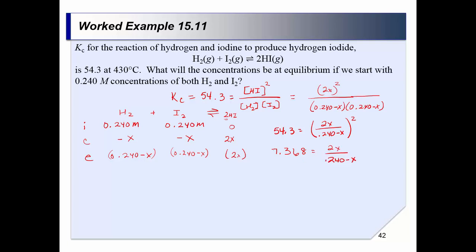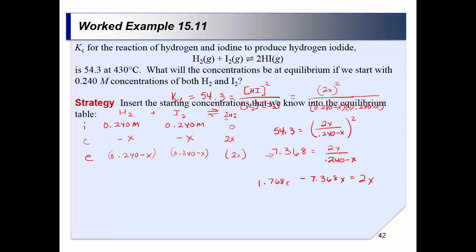Now I'm going to multiply both sides by my denominator, and again I have left this number in my calculator, so I don't have as much rounding error, but I get 1.768, and then I have more digits, 5 something else, minus 7.368x equals 2x.